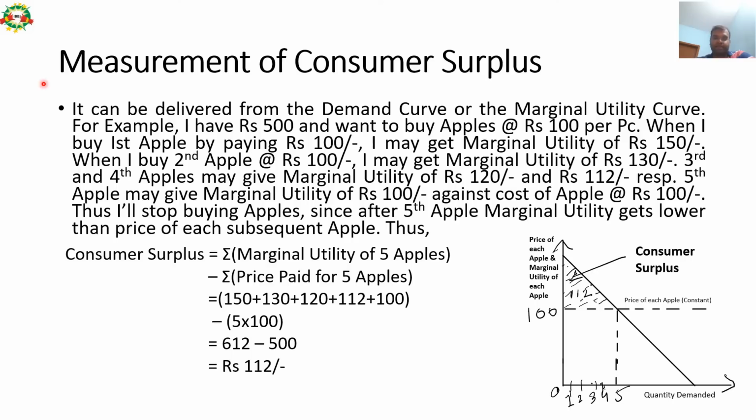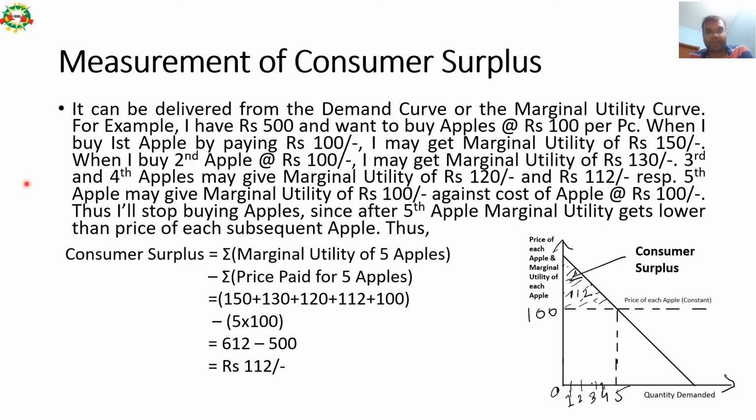Let us try to understand how to measure consumer surplus with the help of an example. It can be derived from the demand curve or marginal utility curve. For example, I have 500 rupees and want to buy apples at the rate of 100 rupees per piece. When I buy the first apple by paying 100 rupees, I may get a marginal utility of, say, 150 rupees.